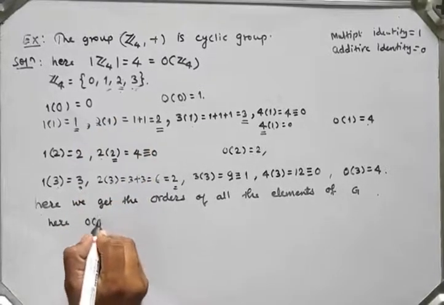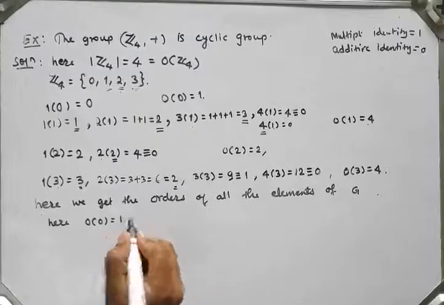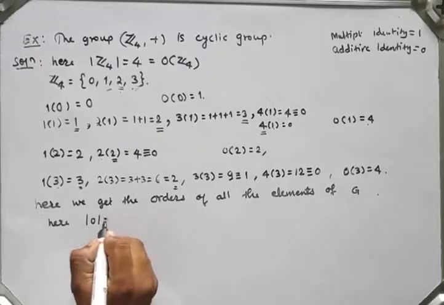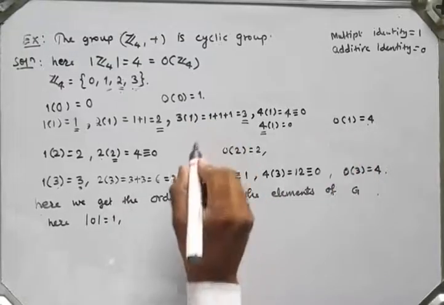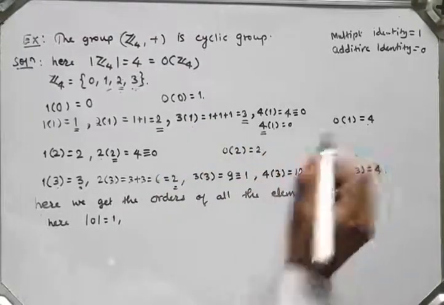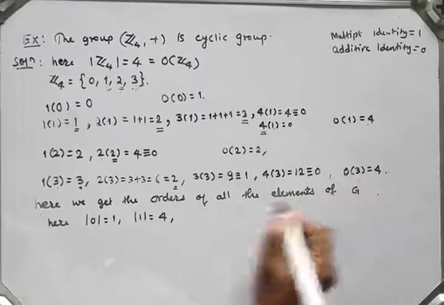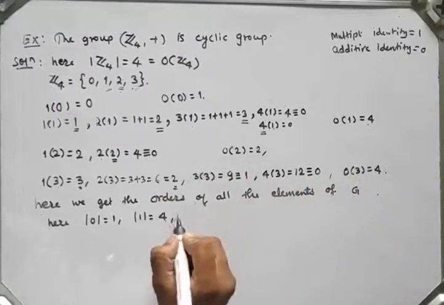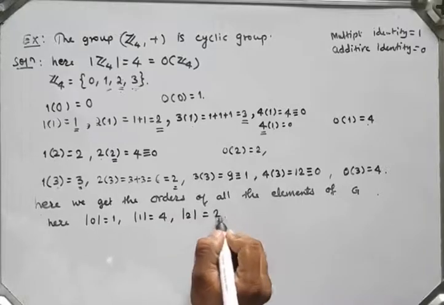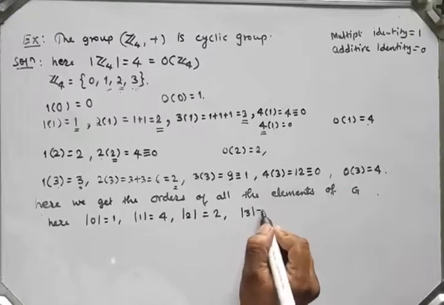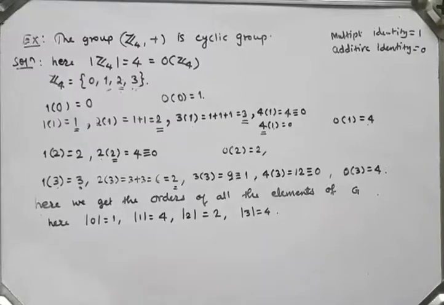Order of 0 is equal to 1. Next, order of 1 is equal to 4. Next, order of 2 is equal to 2. Next, order of 3 is equal to 4, right?